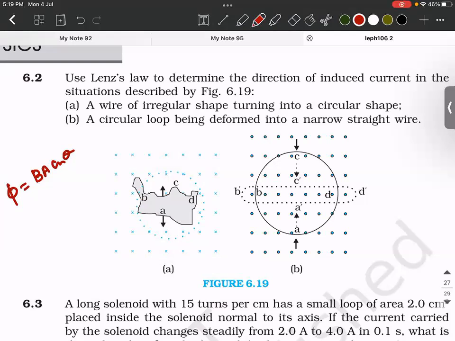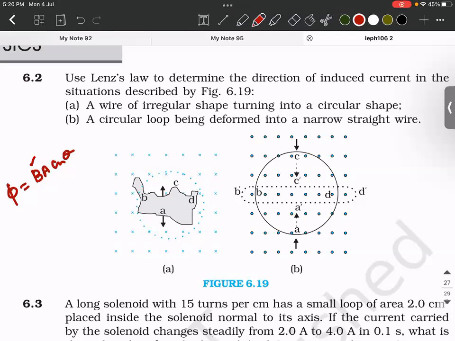Now the question is, in this case, is the magnetic field changing? They put a cross mark, right? They didn't mention anything about the magnetic field, so you can conclude that it is not changing. So the magnetic field is constant.